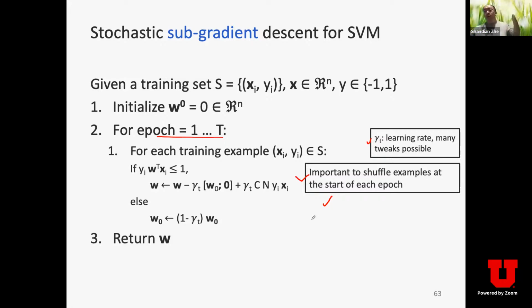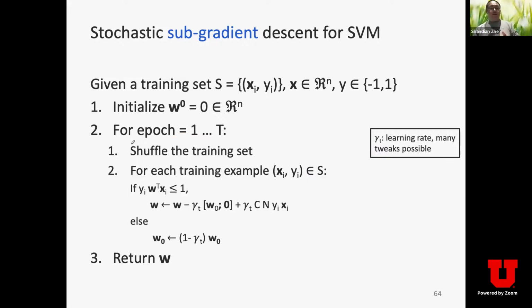Although in theory there's no difference, in practice people always like, before every epoch, to first shuffle the training set. Then we just look at those examples one by one, according to the shuffled order. And then for every example, according to whether your function margin is less than 1 or bigger than 1, you get a different subgradient. You use the different subgradient to update your model parameters.